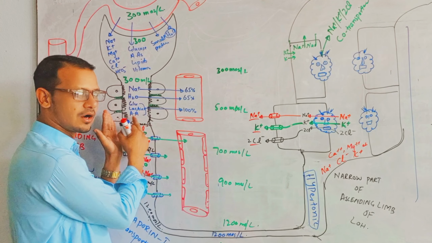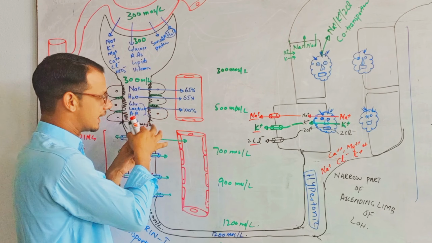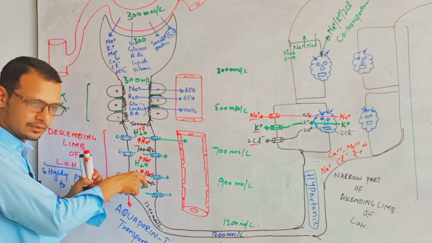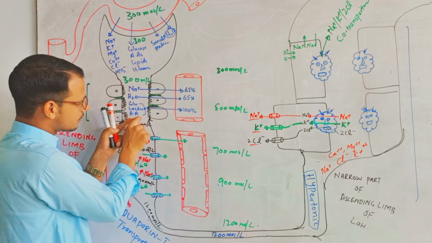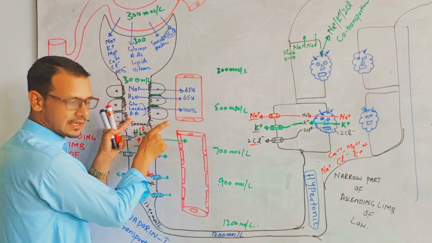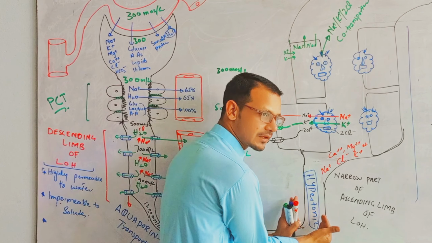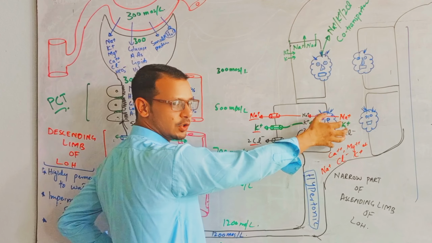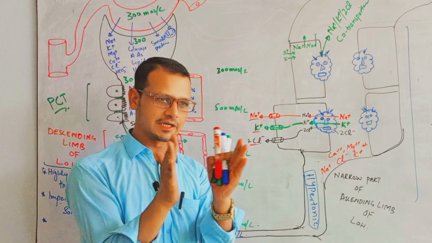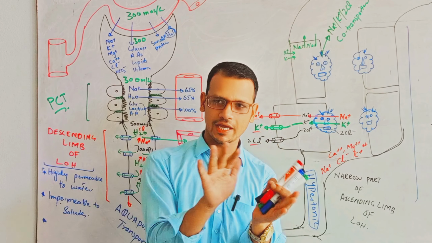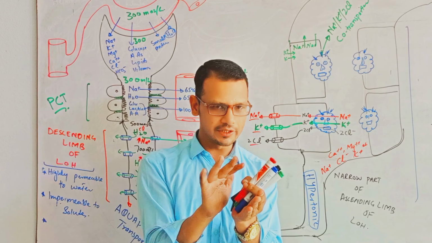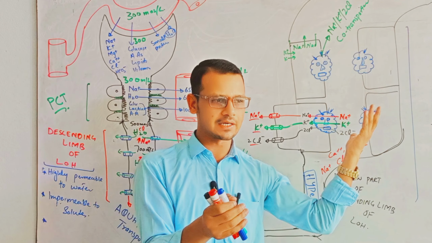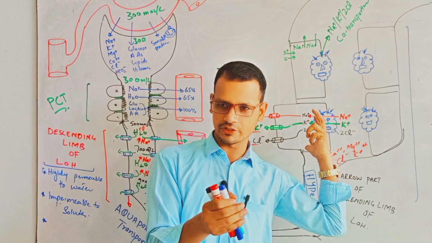Because it is taking a lot of water from here, and when it goes down, the water is leaving this area. When we are going upward, the solutes are coming from this lumen. So the osmolality will remain the same, because the same concentration of sodium, the same concentration of chloride, and water will be reabsorbed, leaving the lumen of the tubules into interstitial fluids.